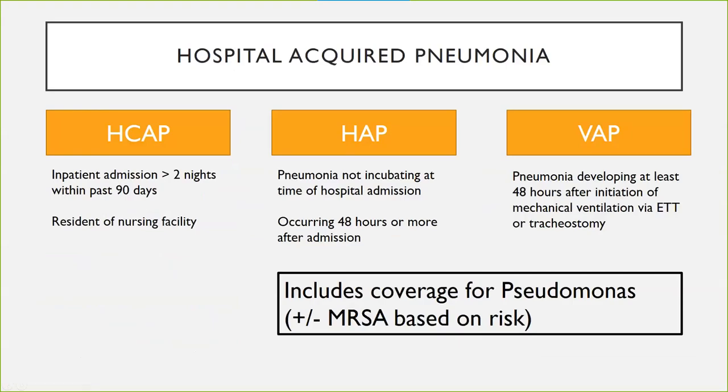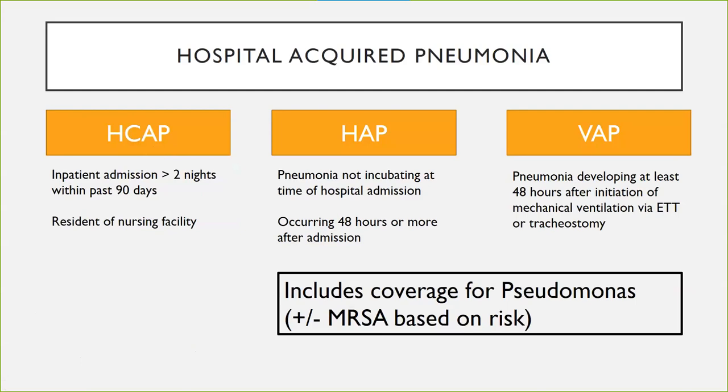So for a lot of you who might have picked vancomycin or cefepime-based regimens, the old guidelines used to have hospital or healthcare-associated pneumonia. If patients had an inpatient admission of greater than 2 nights in the past 90 days, or were a resident of a nursing facility, we treated them more like hospital-acquired pneumonia.